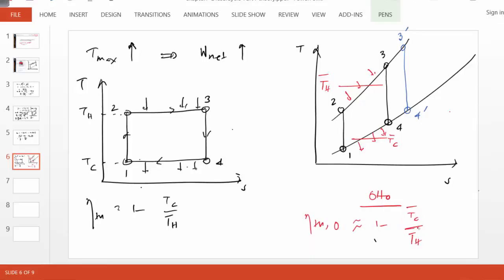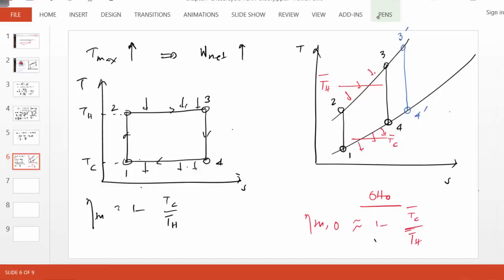Even though the efficiency formula is more complicated for the Otto cycle, we are making an equivalence here. In a Carnot cycle, the temperature of heat addition is constant, TH, whereas here we have an equivalent temperature, kind of an average. We won't bother finding exactly what the average is; it'll be somewhere between T2 and T3.